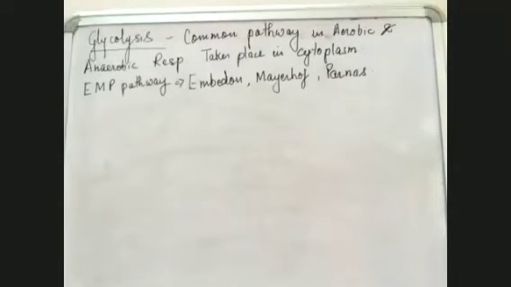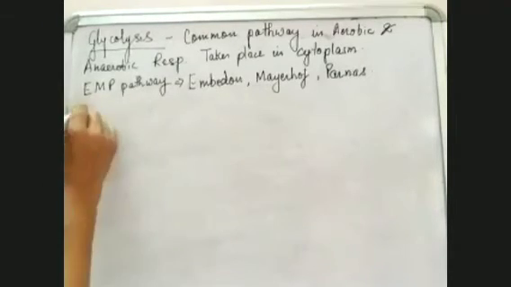See, if it is an animal cell, glucose directly enters the process of glycolysis. But if it is a plant cell, then it will have sucrose in it.